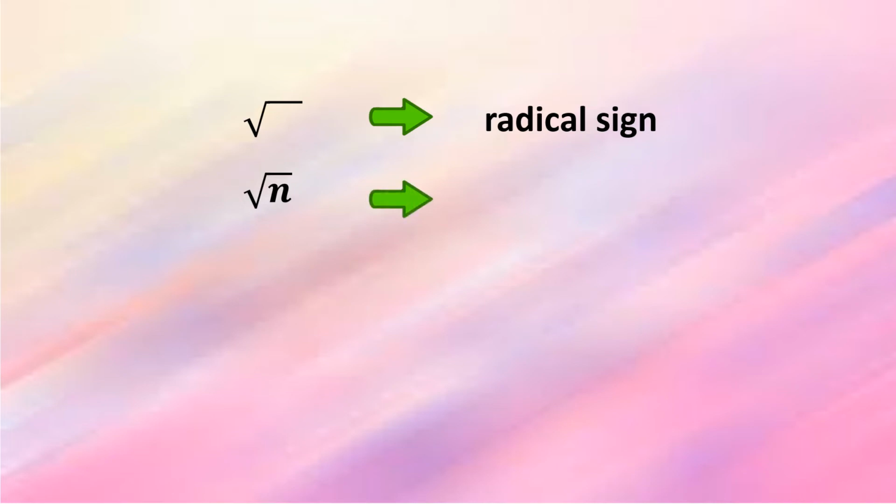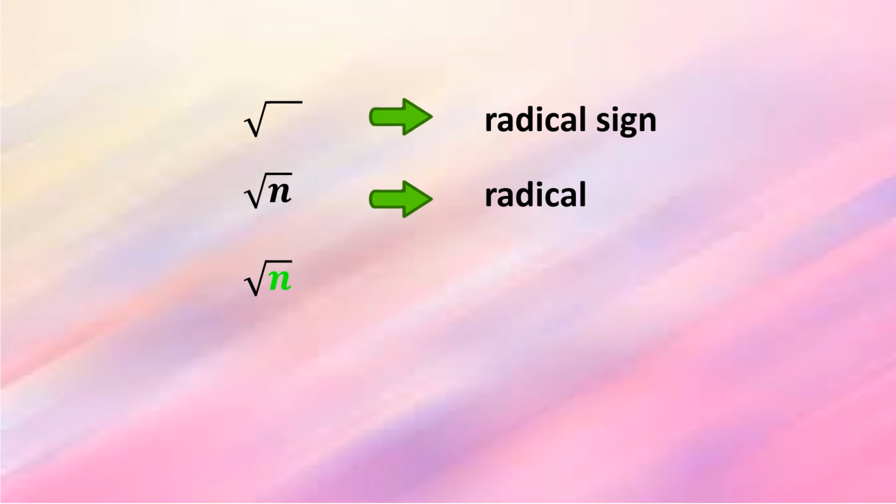In your activity, have you noticed this symbol? It is used to extract the principal root of a real number. This symbol is known as the radical sign. The combination of the radical sign together with the number is called a radical.